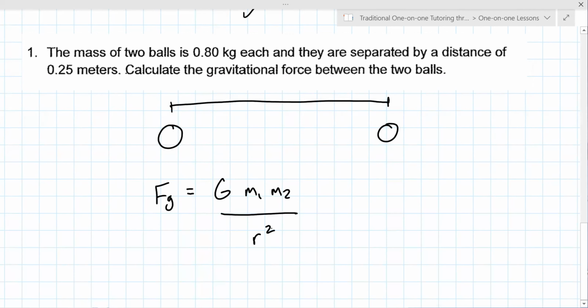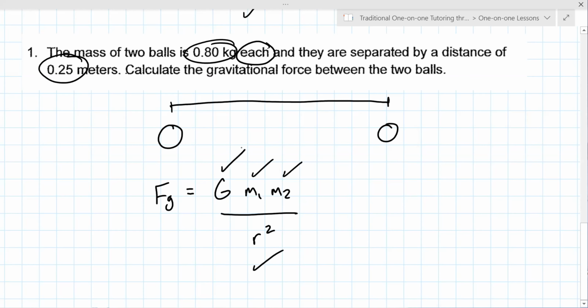Okay. So which of these values do you have? You have the mass. You have mass 1, it's 0.8, but you also have mass 2 because it's each. Do you have R? Yes, you do.